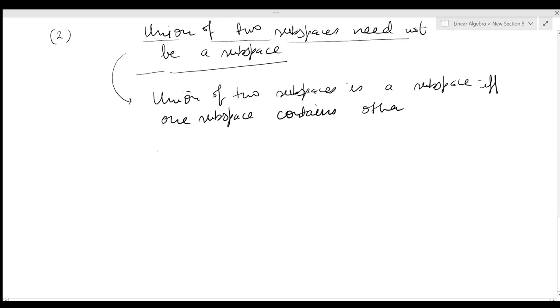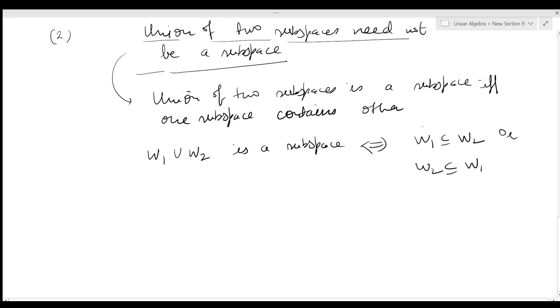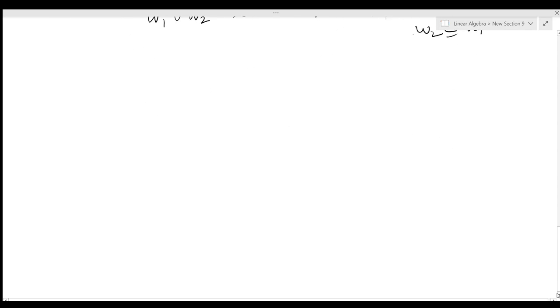That means in mathematical form we can write W1 union W2 is a subspace if and only if either W1 contains W2 or W2 contains W1. So either W1 is a subset of W2 or W2 is a subset of W1. So this is an if and only if result. So what we have to do for proving this? Now the if part.